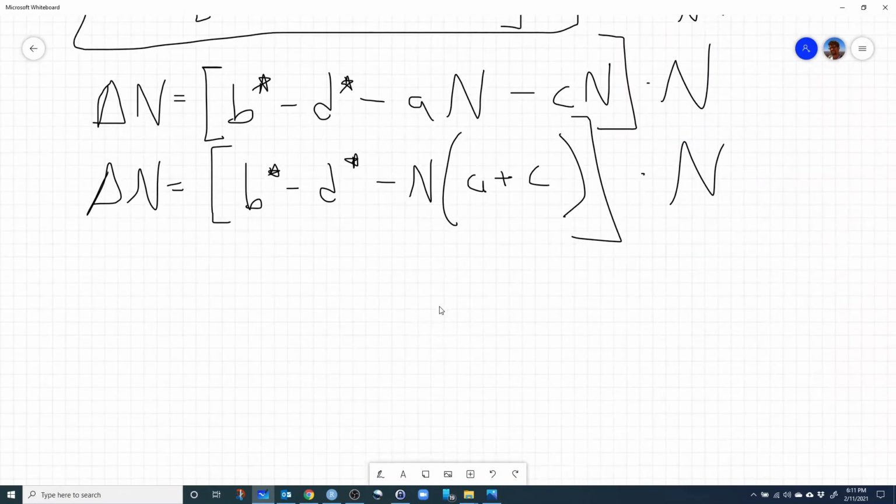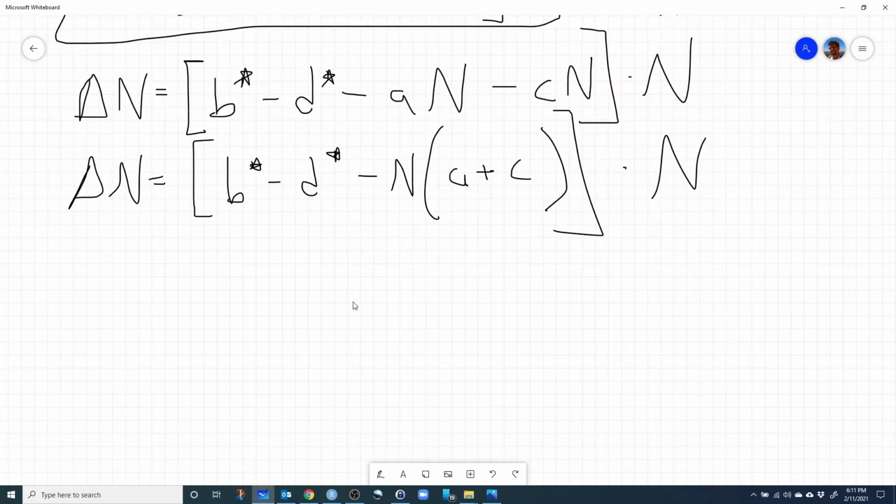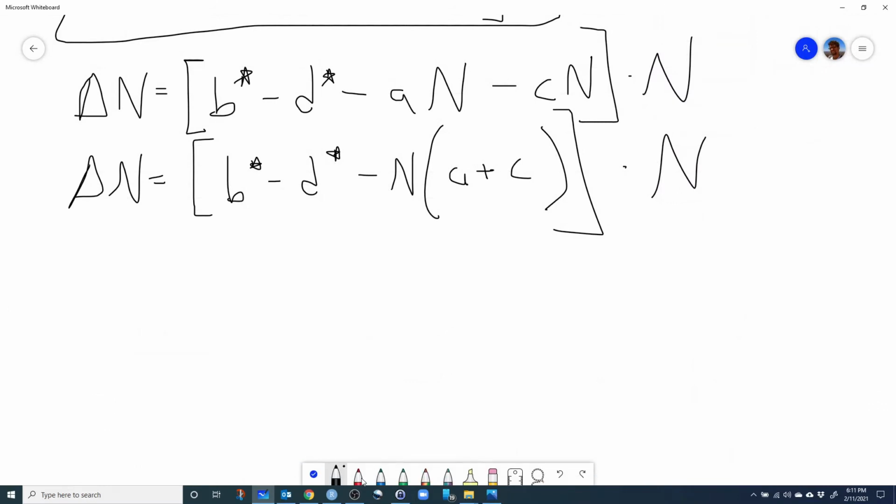And the next step is we're going to multiply this whole thing by 1, but we're going to do it in a special way. So this 1 we're going to actually represent as b star minus d star over b star minus d star.